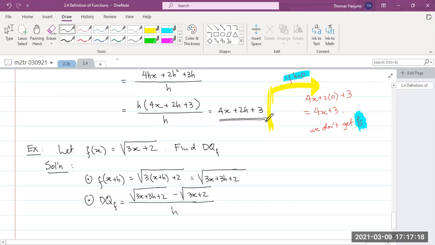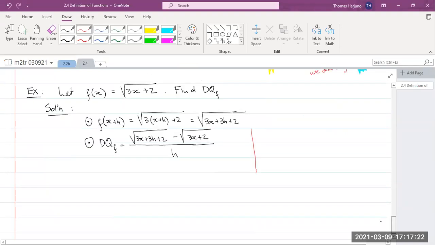Now, on the right hand side here, I show you why we cannot stop, or why we can stop. Imagine if h equals 0, what will that be? Square root of 3x plus 2 minus square root of 3x plus 2, over 0. But you see on the top, the same thing subtracted, you get 0 over 0. So we know that we cannot stop here.